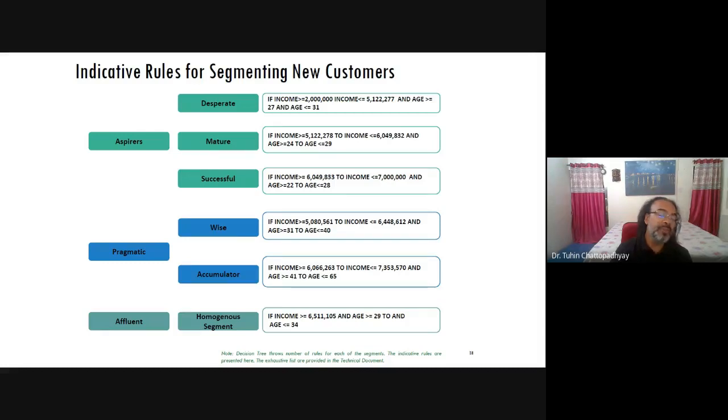That means the dependent variable, if it is categorical in nature, say think of churn analytics. Instead of 2 categories, churn and not churn, I can create 6 categories like disparate, mature, successful, wise, accumulator, homogeneous segment, or affluent. Simple.